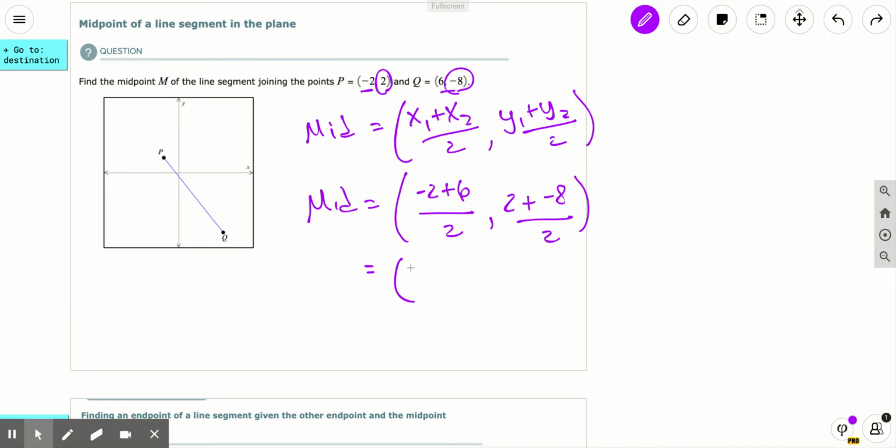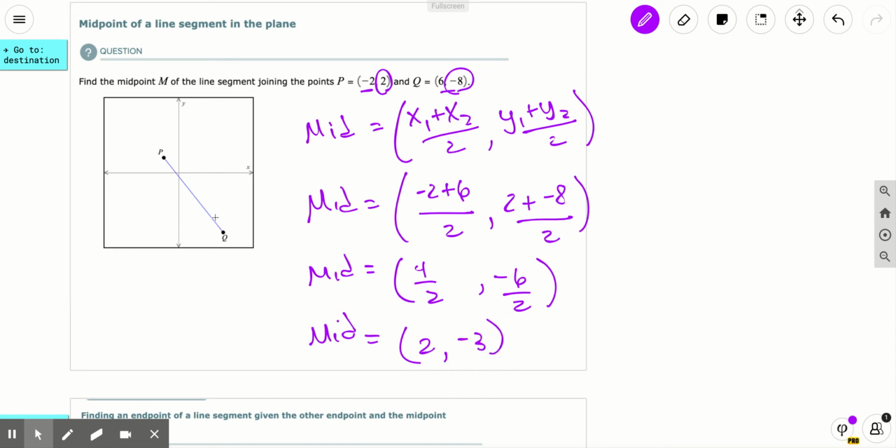This is 4 over 2, comma, bring down the comma, bring down the parentheses, -6 over 2, and then that equals, I guess I could keep writing midpoint, 2, comma, -3. And that's the midpoint. And look, it looks like it. 2, -3. Okay? 2, -3.